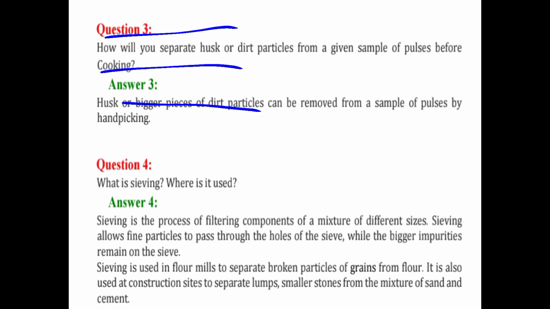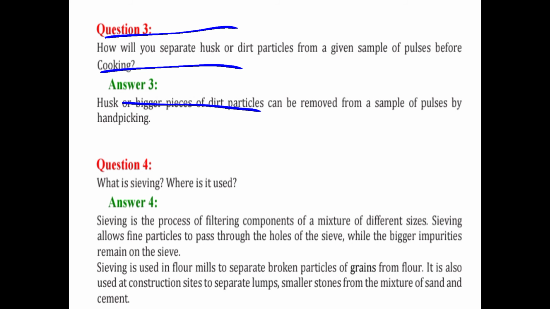Then there is question number 4. What is sieving, where is it used? Sieving is a process of filtering components of a mixture of different sizes. We also have sieves back at our homes. We sieve the flour in order to separate the husk from the flour from which we make dough and chapatis and rotis.